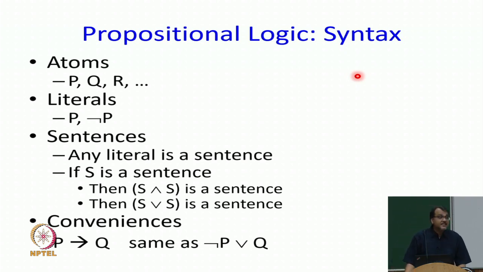Then I have sentences: P is a sentence, and if S1 and S2 are sentences, then S1 and S2 is a sentence, and S1 or S2 is a sentence, and I can do this recursively. So I can create P and Q, not P or not Q and R, and so on and so forth. These are all possible syntactically, grammatically accurate sentences that I can create in propositional logic.